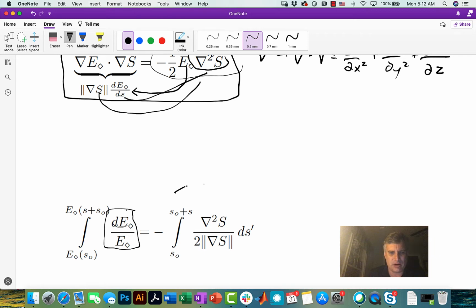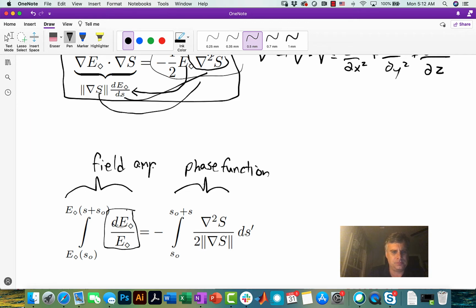So now we've got all of our phase function terms on this side and all of our field amplitude terms on this side, and we're going to integrate these along the ray path.